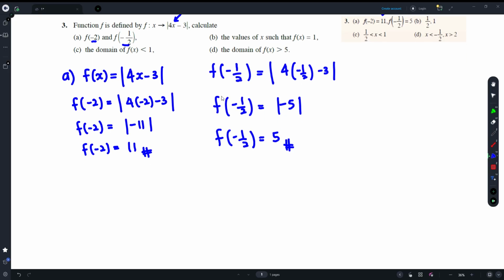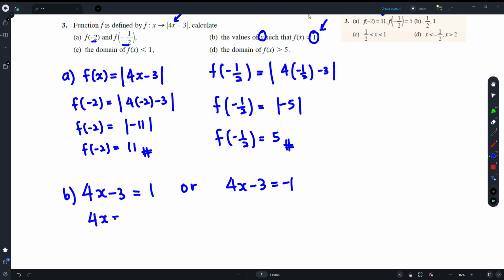Okay. Now we go to part B, values of x. That means the value of the object when the image is 1. So how do we do this? Very simple. You have to put 4x minus 3 equivalent to 1 or 4x minus 3 equivalent to negative 1. You have to give both answers because with a modulus, you have to consider the positive and negative.